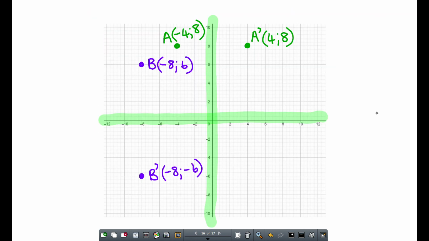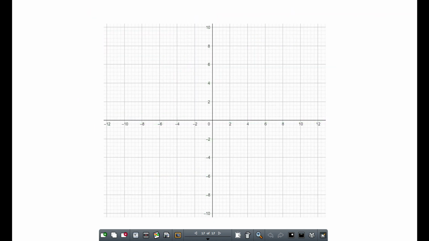Okay, let's just do one or two examples, just quickly. You don't have to draw.